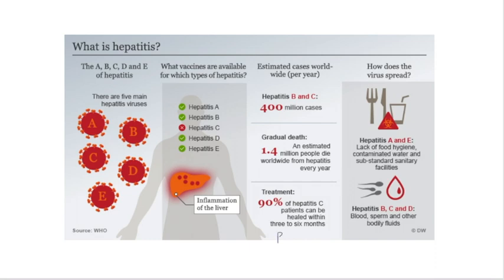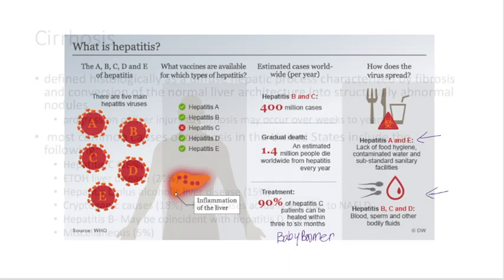And your baby boomer population usually gets screened for this, if they haven't already. Remember, A and E are by fecal-oral route, and then B, C, and D are body fluids.